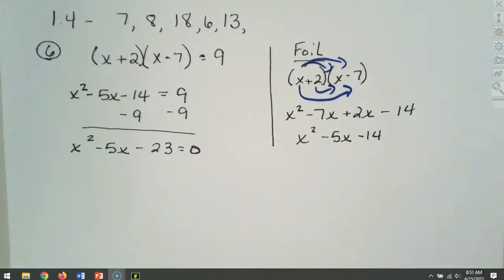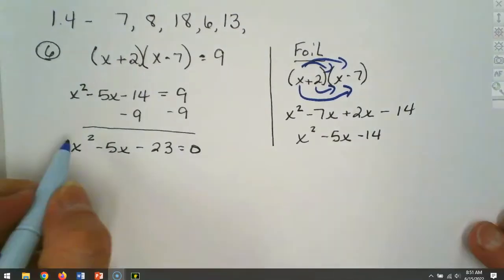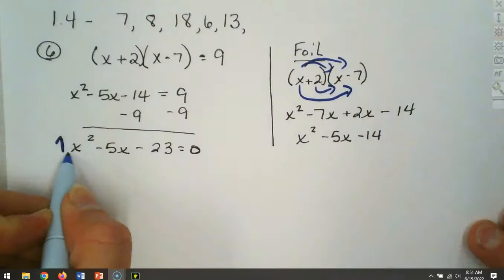Now, when we're at this step, it says use the quadratic formula. In order to use the quadratic formula, we have to make sure it's in the correct order. First off, has it been set to 0? Yes. Does it go down in powers? Does it go x squared, x, and then the number? Yes. If there's no number in front of the x squared, we're going to put a 1 here.